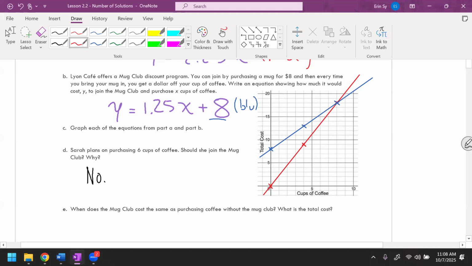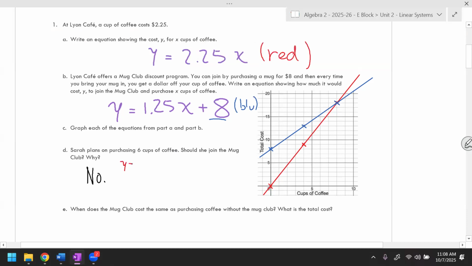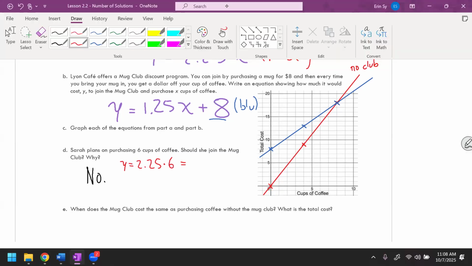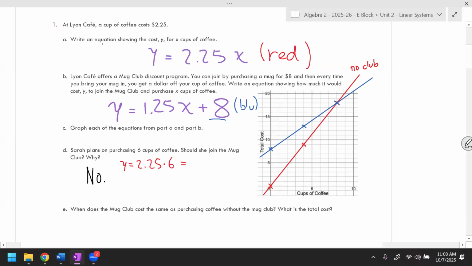So let's do that with both equations. Let's do that with the red. 2.25 times 6. Can anyone tell me what that is? So I'm just going to write this down. The red is with no club, and the blue is with yes club.